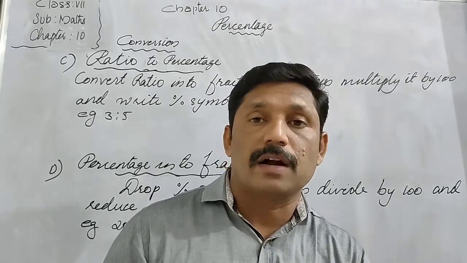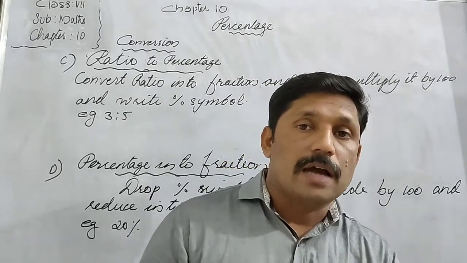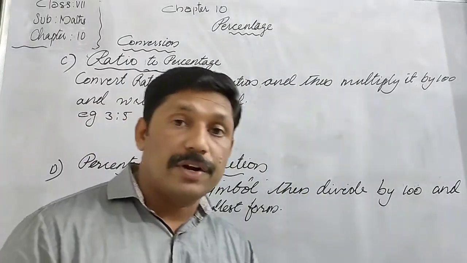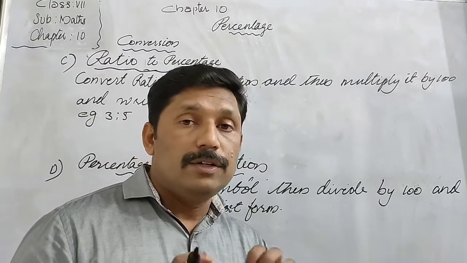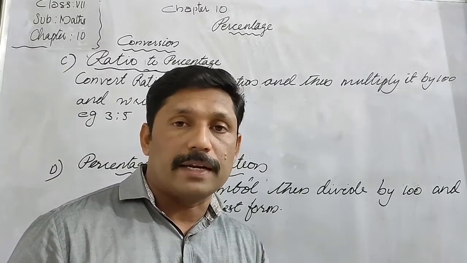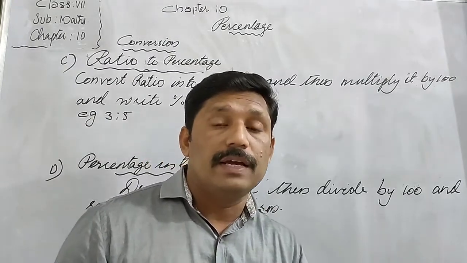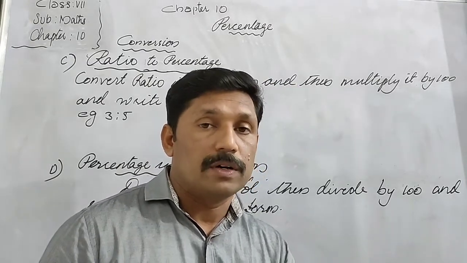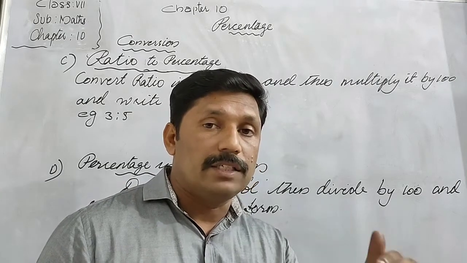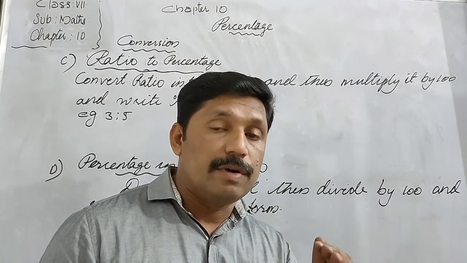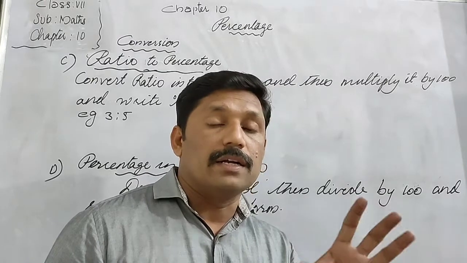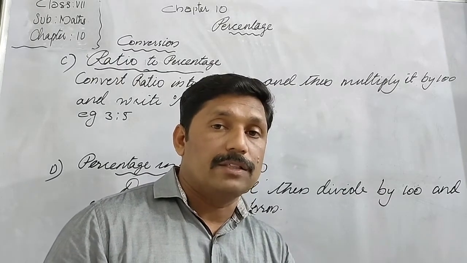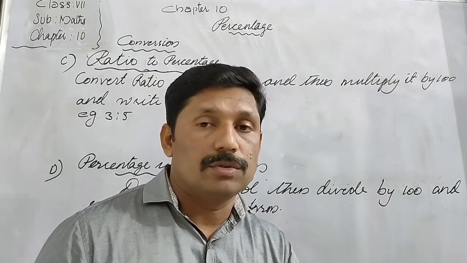In this way we can convert a ratio into a percentage. And in order to convert a percentage into a fraction, we drop the percentage symbol from that number and then divide by 100 and reduce it to its smallest form. In this way, we can change a percentage into a fraction.